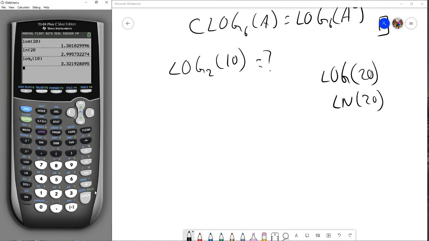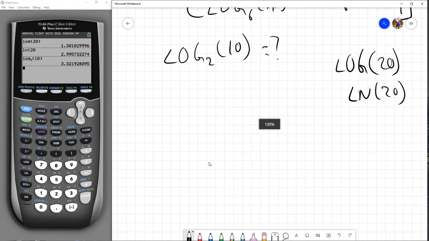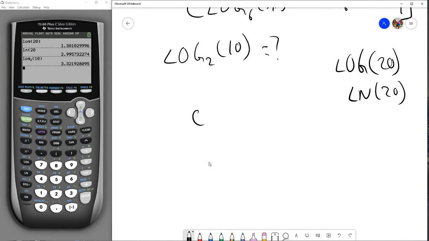Well, what we need is to figure out a way of converting our log bases. If we can convert our log base into something that our calculator can use, that would be very useful for us, and it would also be useful for solving some of our problems. So the answer to this problem is going to be the change of base formula.